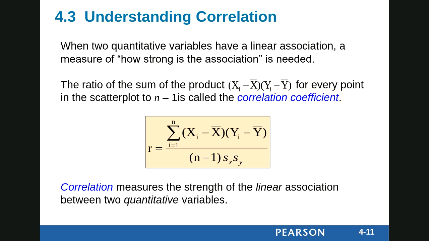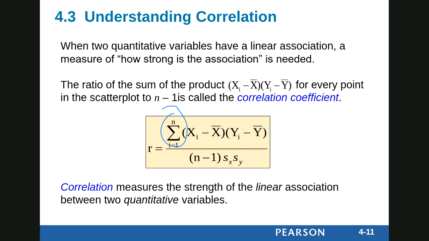X bar is the sample mean, the average for all the observations in your x data set, times every value of y minus y bar, which is the mean of all the observations in the y data set. And then you take the sum of that product and divide it by n minus 1. n is the sample size.